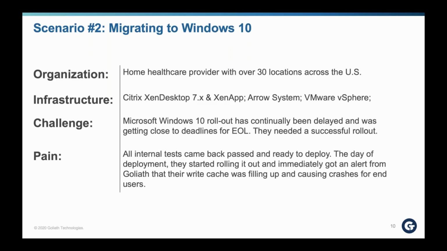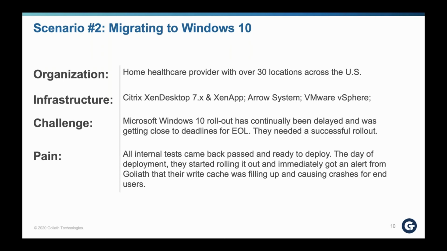So after months of testing, everything seemed to be good, and they were going to push this out to production and roll this out to all of the users. And then Goliath started triggering some alerts, specifically with their write cache filling up very quickly. This was a PVS environment, and they're delivering desktops, of course.